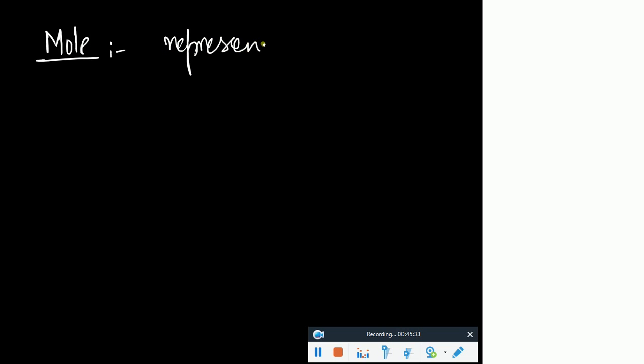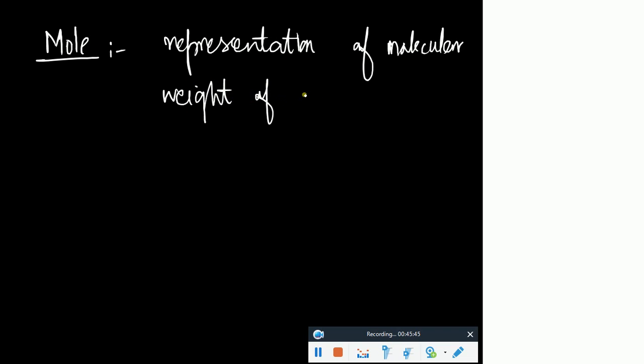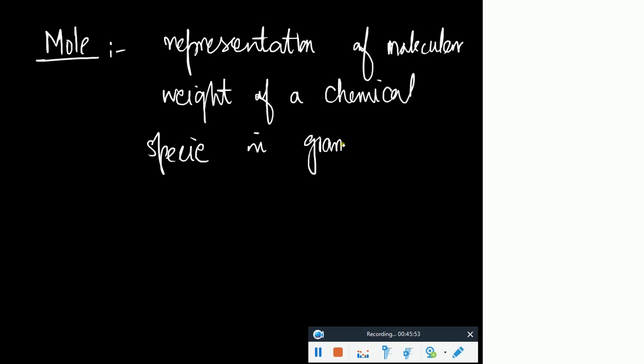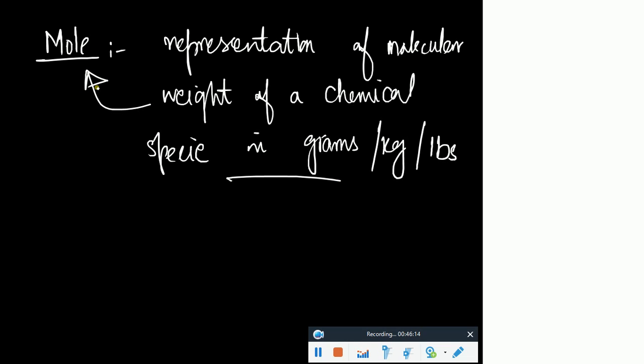It is the representation of the molecular weight of an element or a compound, of a chemical species, in grams or kilograms, something like that. And you might be describing those things in pounds as well. So if you represent the molecular weight of a chemical species in grams, kilograms or pounds, you would say that you are describing it as if it is 1 mole.